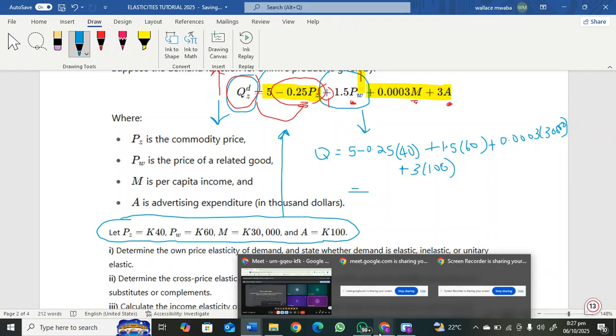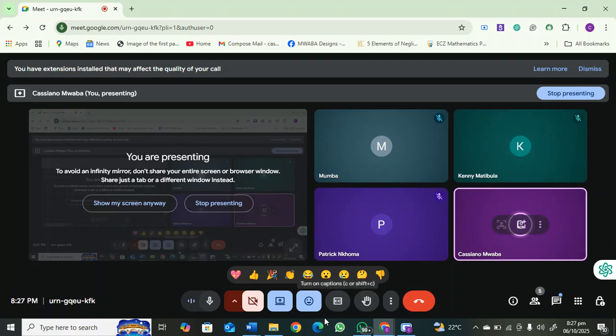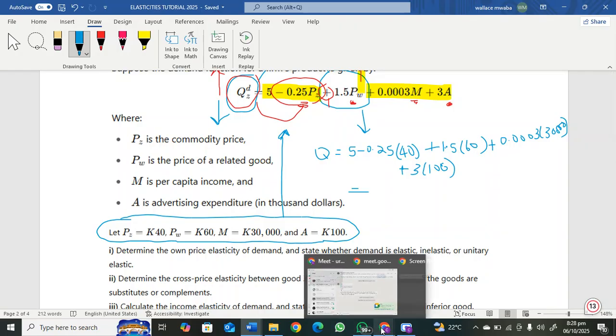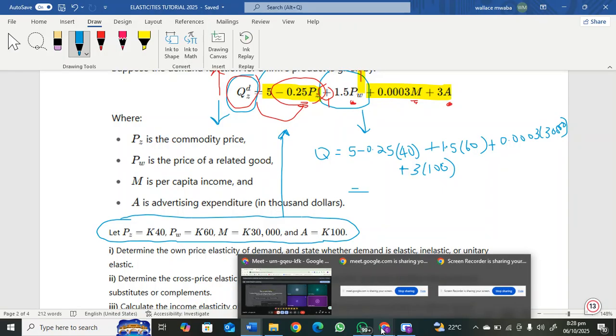Yes, Madam Momba, have you found a value? Mr. Kenny or Mr. Patrick, have you found a value? Let me know once you found a value.